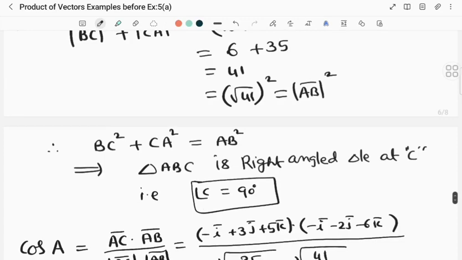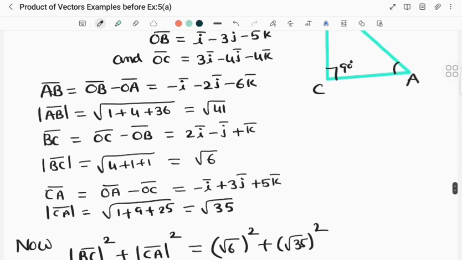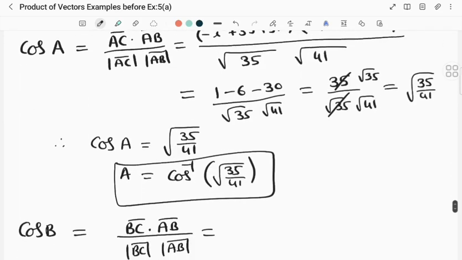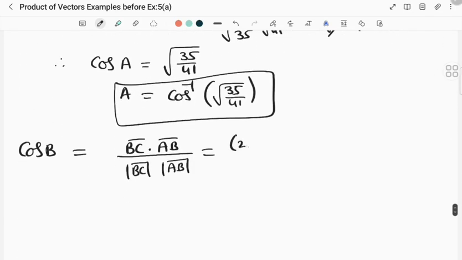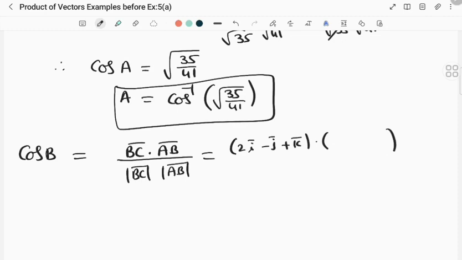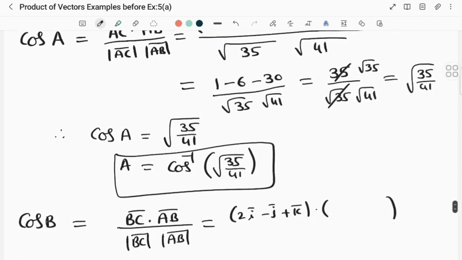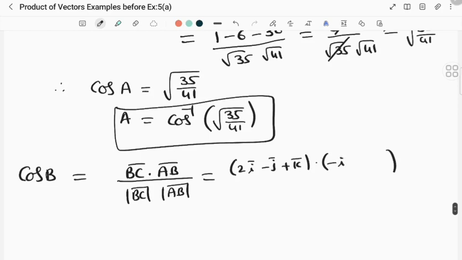BC bar, what we got here, is 2i minus j plus k, dot AB. AB is all minus only, no? AB we got: minus i minus 2j minus 6k.